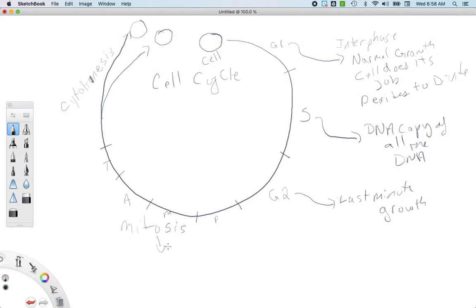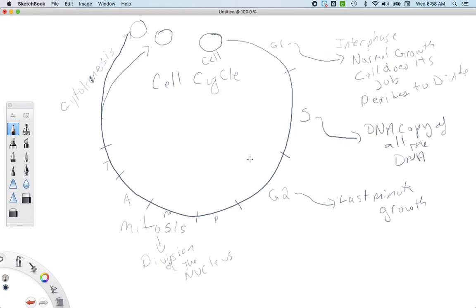And mitosis was division or separation of the nucleus. Cytokinesis didn't have individual parts, it's just the separation of the other things, the cytoplasm, the two membranes, into two cells.